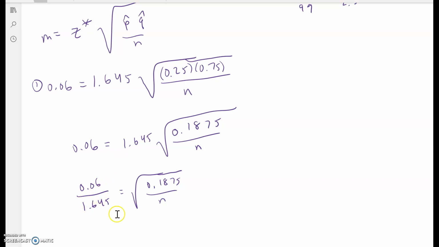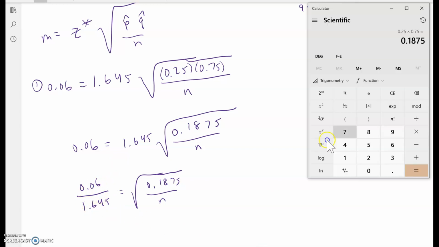Okay, so let's do that calculation. Let's get out our calculator. So 0.06 divided by 1.645 is 0.036474, etc., etc. There's a lot more calculations to go.